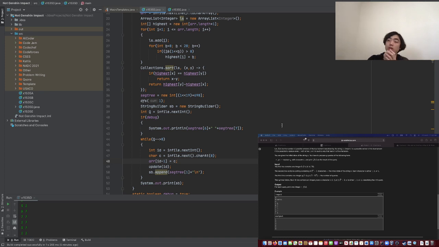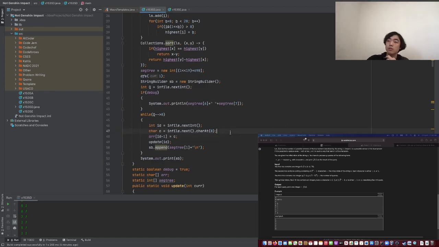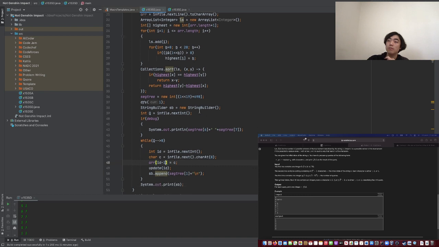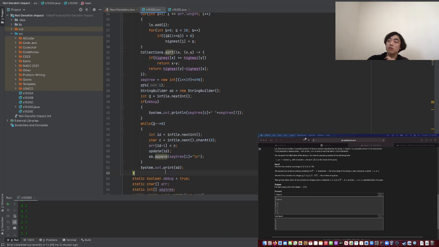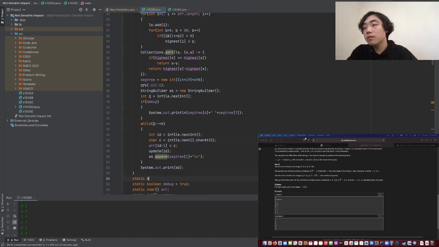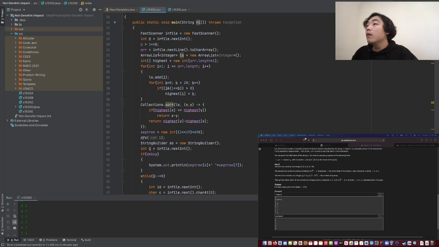Yeah, and so now we use this list to map where it goes. So ID is here, DFS occur. Alright, static array list to integer. Order.